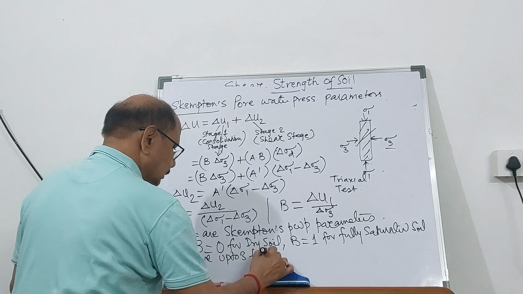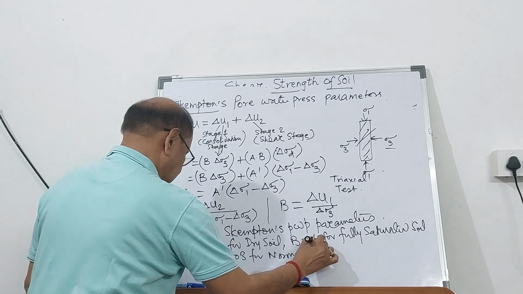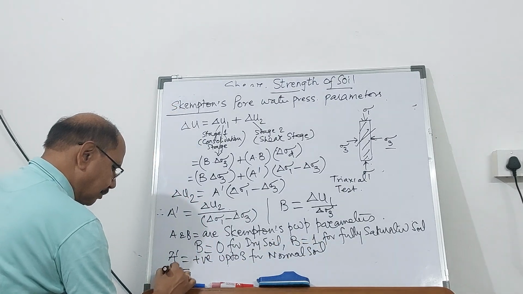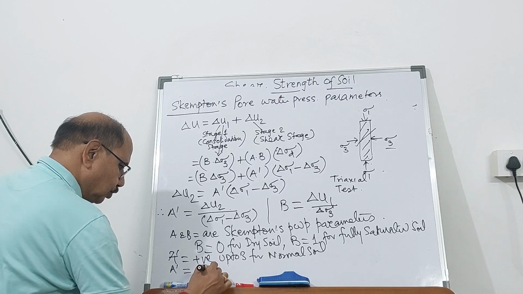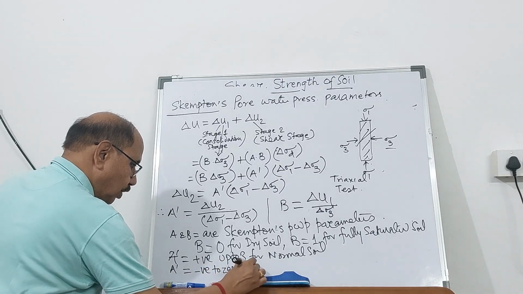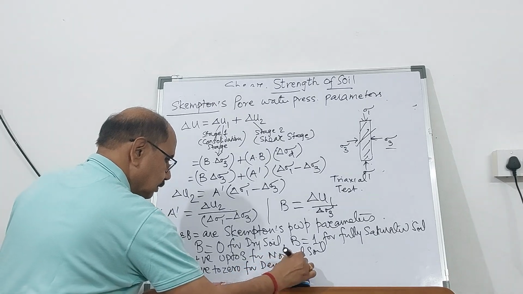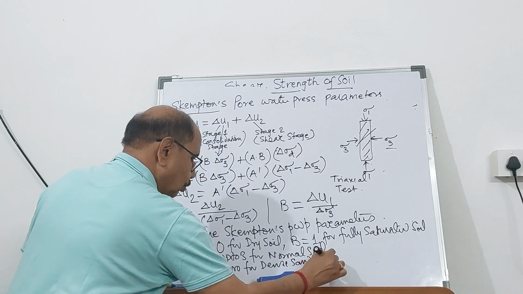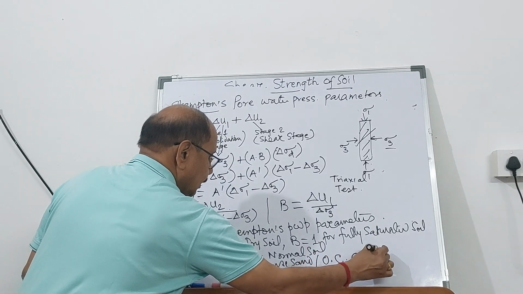And A prime is negative to 0 for dense sand or over consolidated clay.